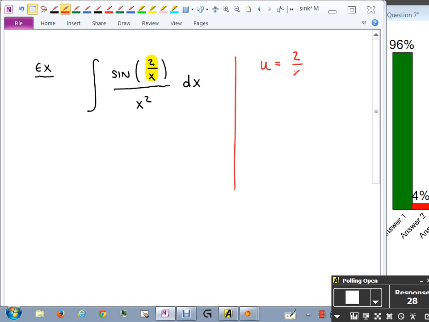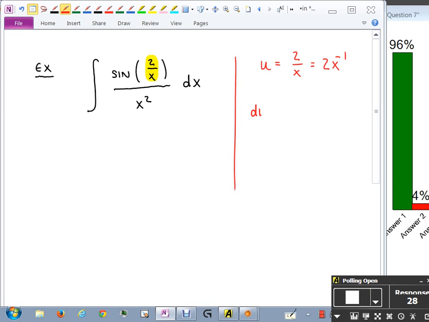2 over x. And you're going to need to take the derivative of that, right? So before you take the derivative, rewrite that as 2x to the negative 1. It's easier to take the derivative of it that way, right? You could do quotient rule, but who wants to do that? What is the derivative of 2x to the negative 1? The derivative, not antiderivative.